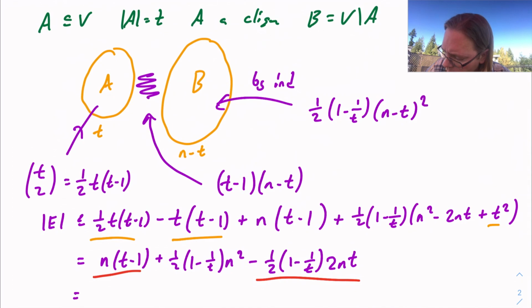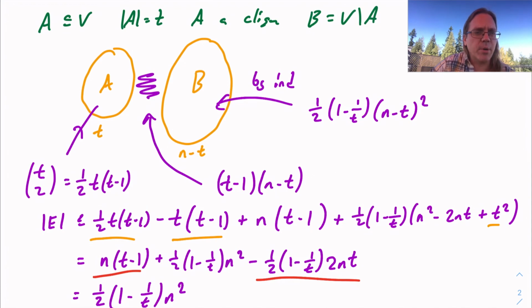After all the dust settles, we are left with 1/2 1 minus 1 over t times n squared. So we've proved that the number of edges in the graph is at most 1/2 times 1 minus 1 over t times n squared, and that was our target, and that completes the proof, and that completes our lesson.